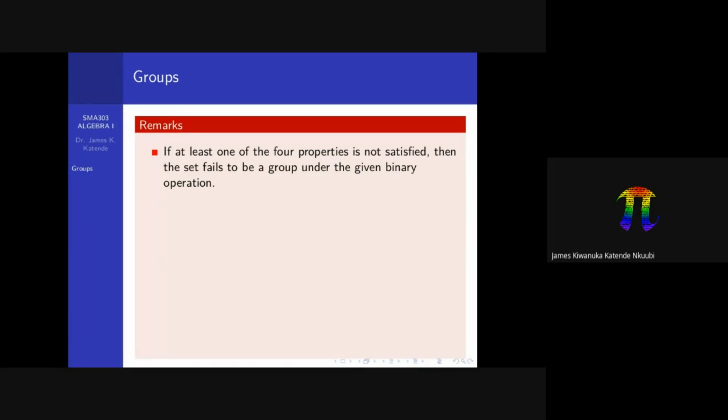So if you want to check that a set is a group or it fails to be a group, you just need to find one property which does not work. Once you find one, then you're done. You don't need to check the others because it will be pointless. For it to be a group, all the 4 properties must be satisfied. So anytime you find one that is not satisfied, then you simply stop there and conclude that the set will not be a group under the given binary operation.